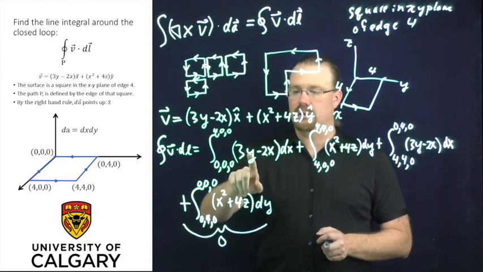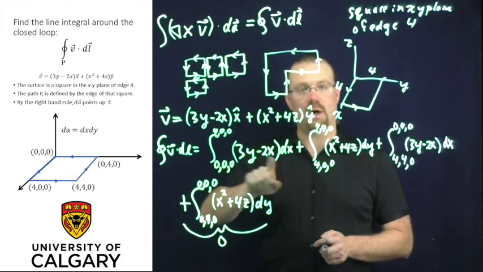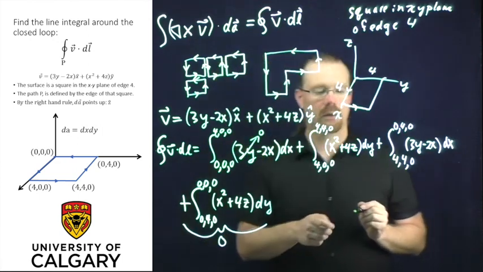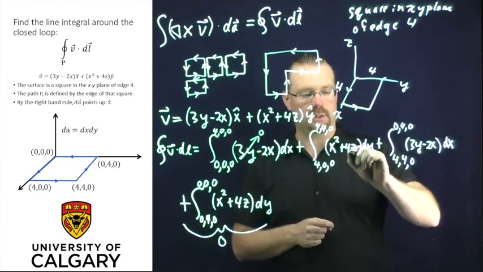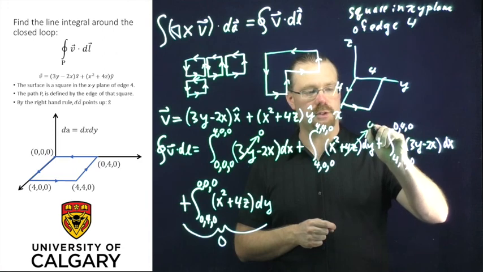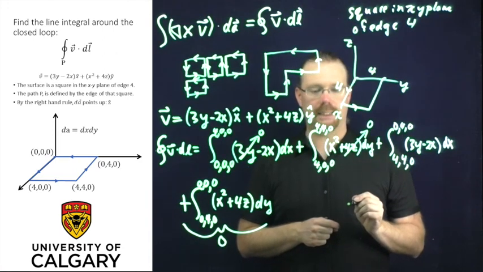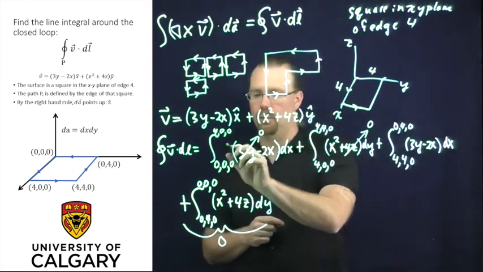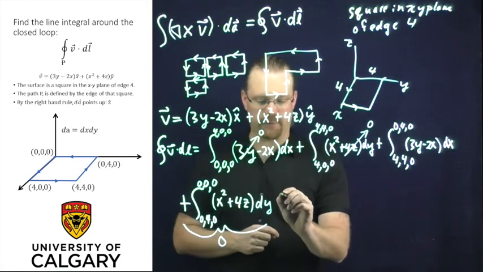When we take this integral, because y equals 0, we can say that this term goes to 0. Here, z is equal to 0, so this term will go to 0. X is going to be equal to 4. So let's deal with this one first.